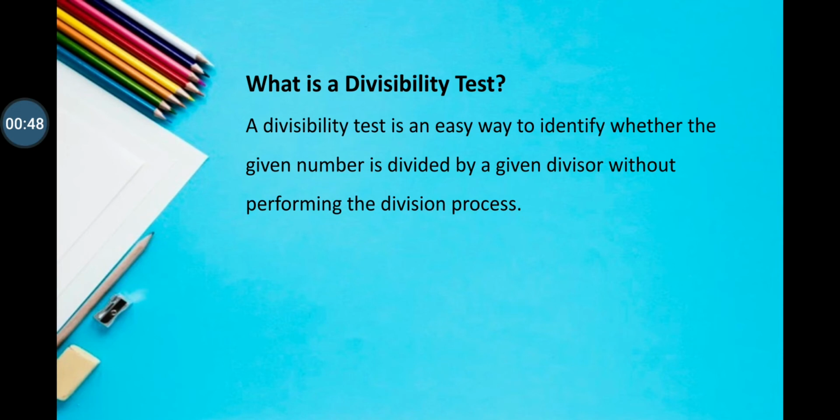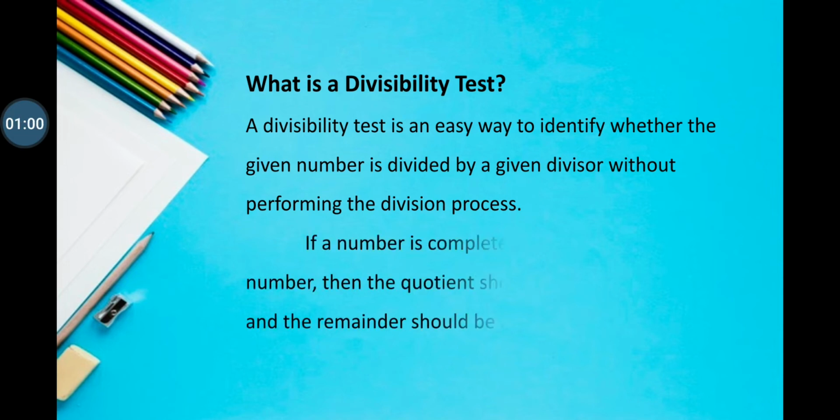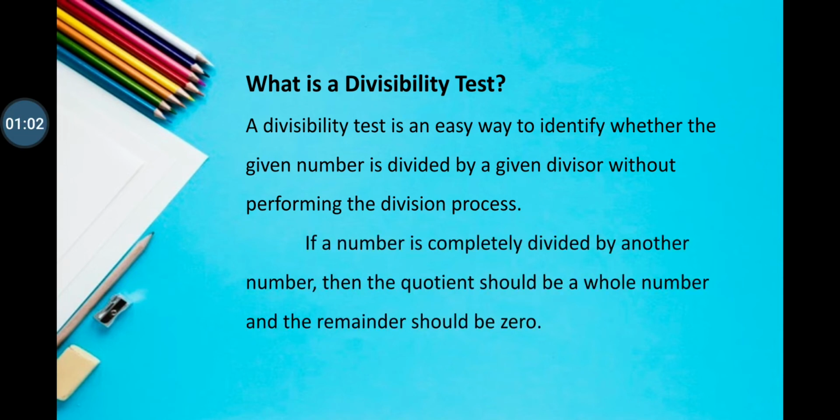A divisibility test is an easy way to identify whether the given number is divided by a given divisor without performing the division process. If a number is completely divided by another number, then the quotient should be a whole number and the remainder should be 0.